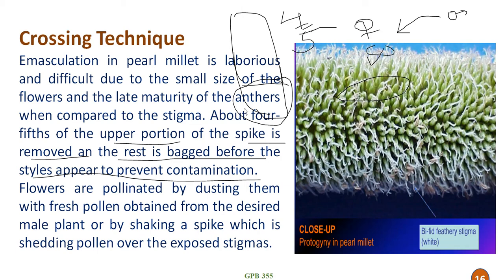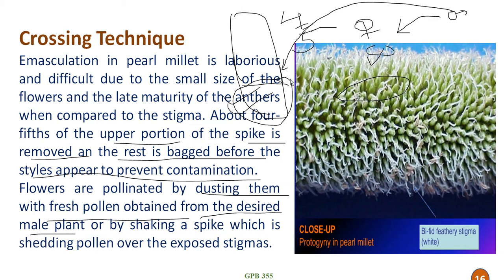The females are pollinated by dusting them with fresh pollen obtained from the desired male parent. When we want to cross-pollinate with the desired male, we can dust the pollen from that male parent on the female parent.